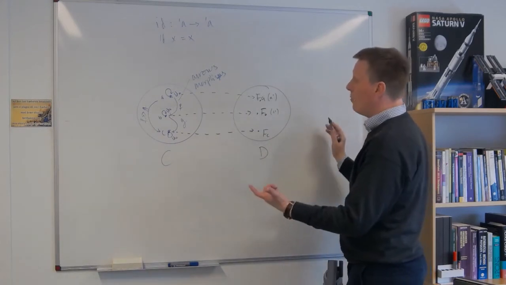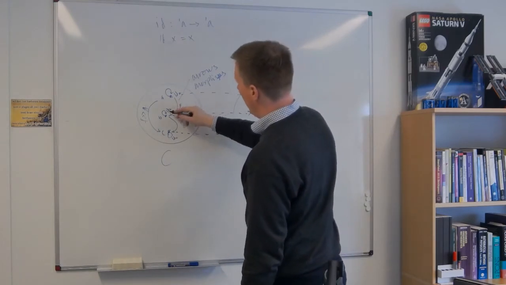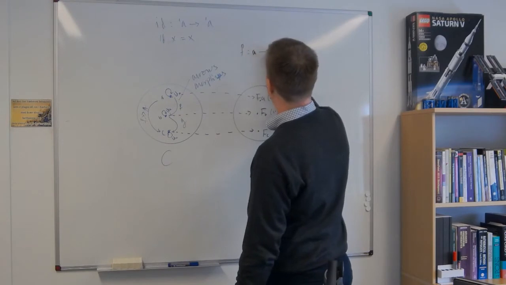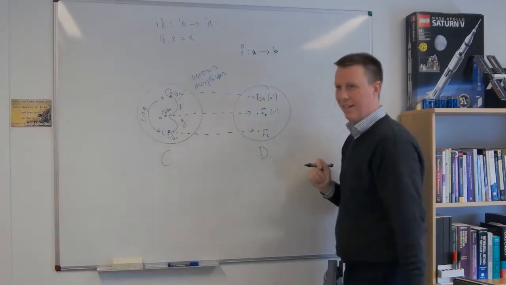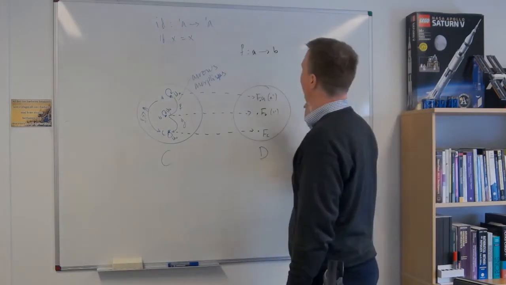And then I need to be able to take this arrow, which I could write as F, as an arrow between A and B. Yeah? So now there appears the arrow. Right?